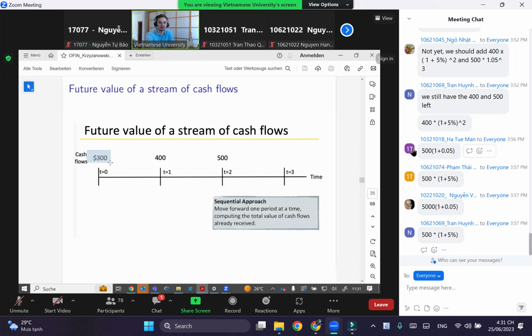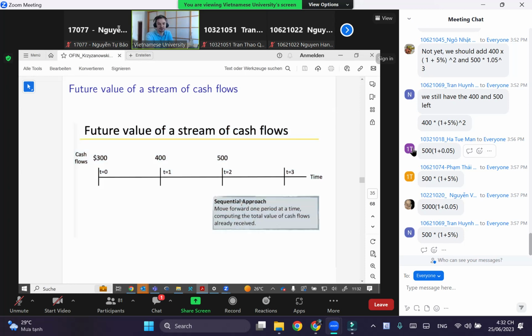So we started with $300, then we had an additional $400 in period T1, and then an additional $500 in T2. Then we introduced you to two ways to calculate the time 3 future value, meaning the value of this stream of cash flows in period time T.